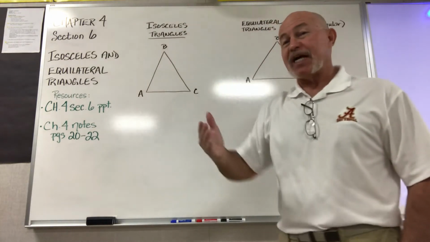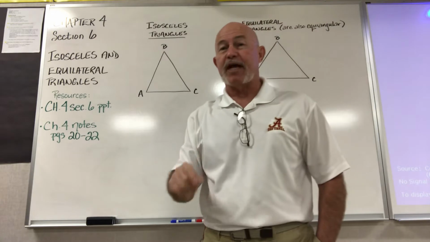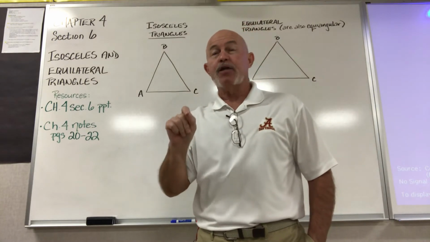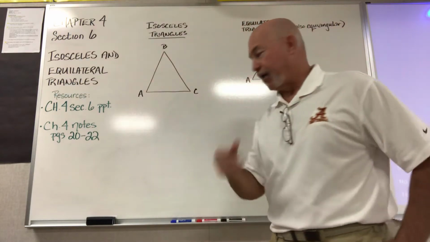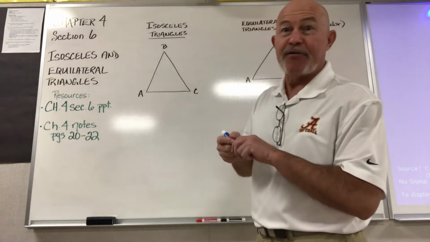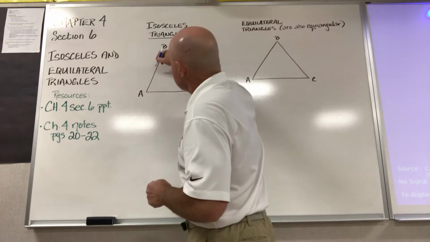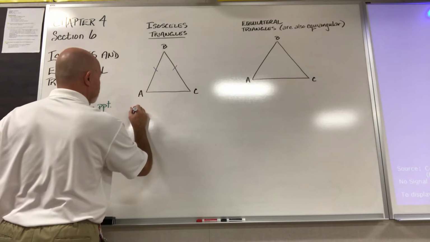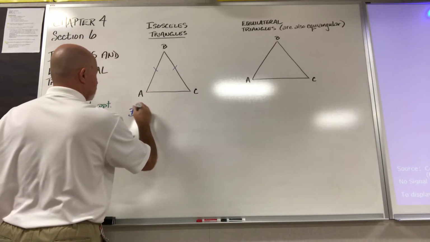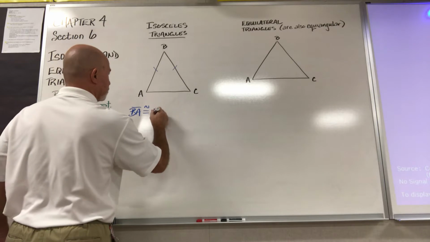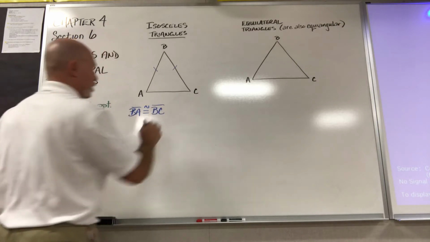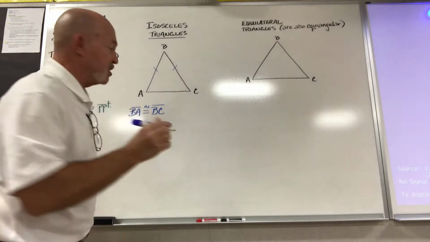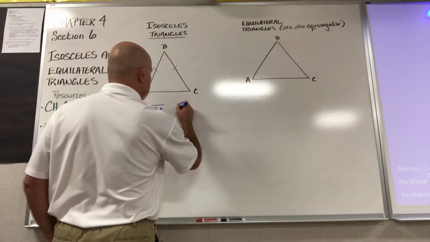Isosceles triangles. Isosceles triangles are triangles that have two congruent sides and two congruent angles. Okay, we have two equal sides here. The sides that are the same length are called the legs.